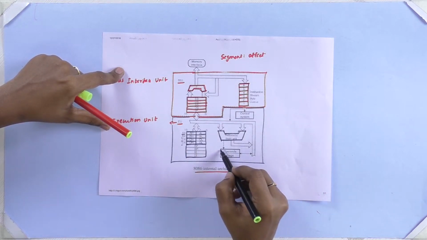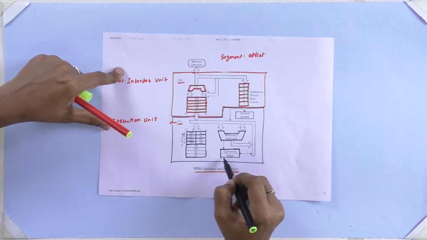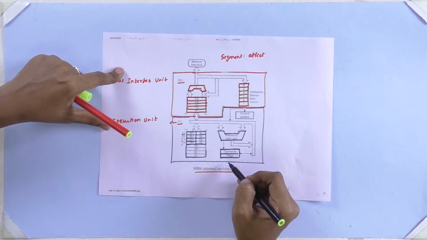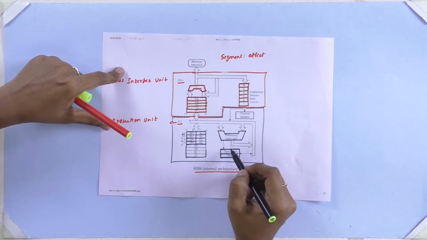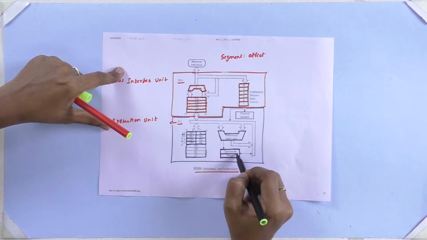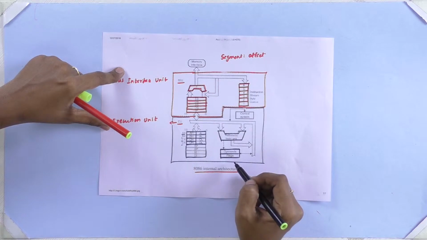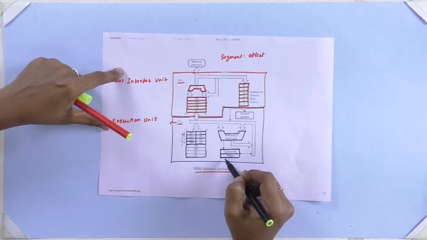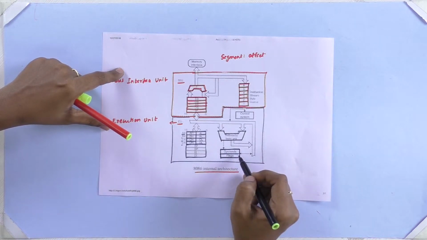The next part contains the operands and the flags. These operands and flags are required by the arithmetic logical unit for performing various operations, and the flags are used to indicate the status and the control of the 8086 microprocessor.